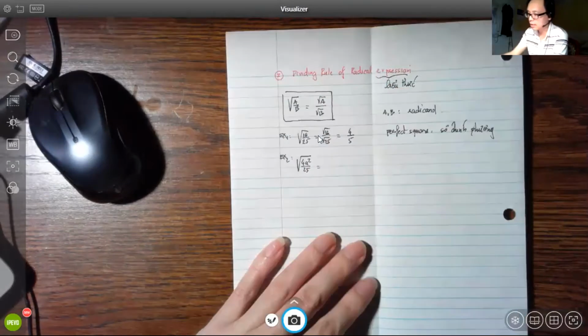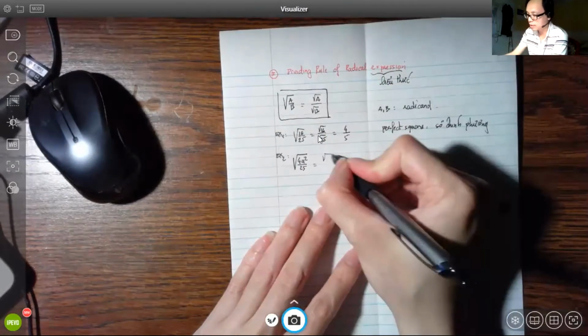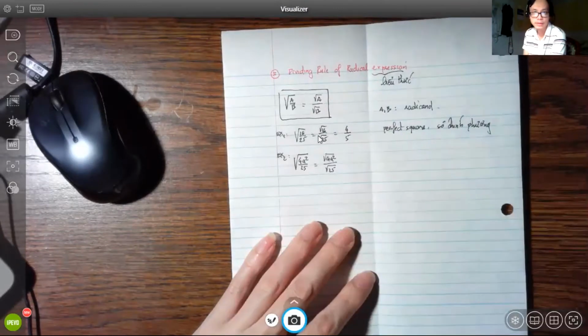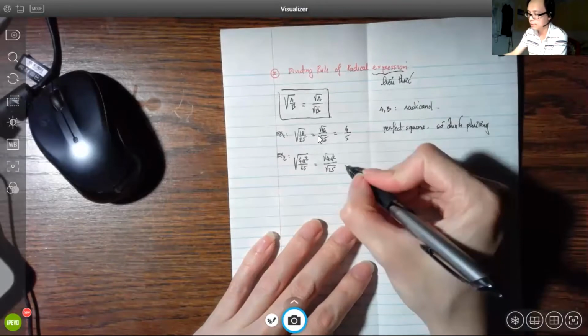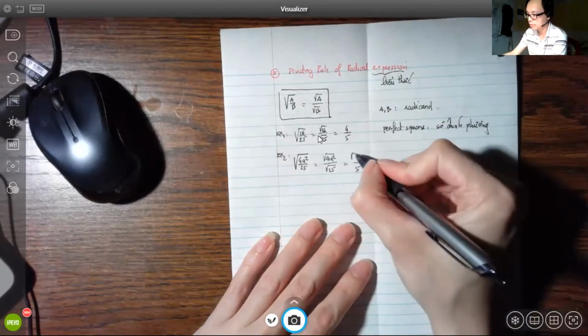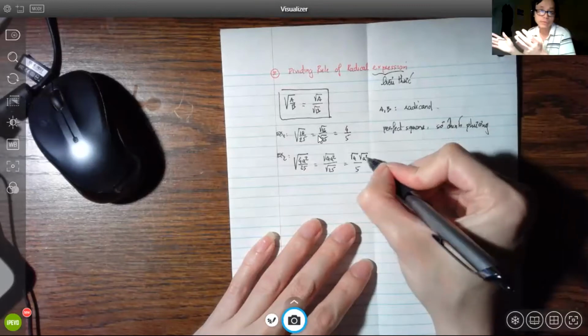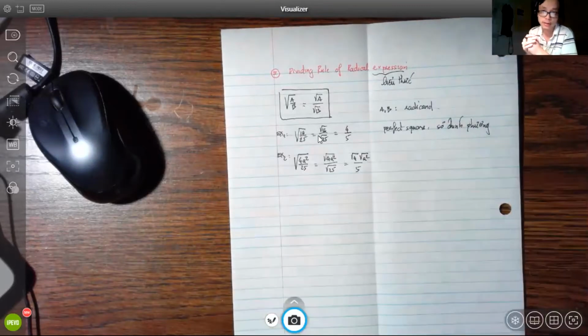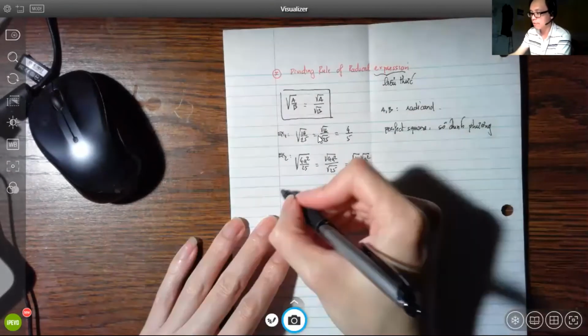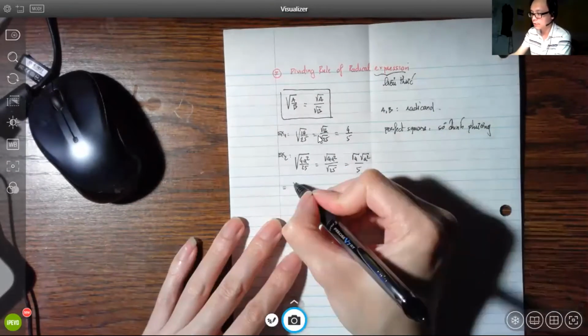That can split into square root of 4a square over square root of 25. And 25 is a perfect square again, so 25 gives you 5. Square root of 4a square, I can split into square root of 4 times square root of a square using the multiplication rule we already learned last time. So for square root of 4, số chính phương, 4 gives 2 over 5.